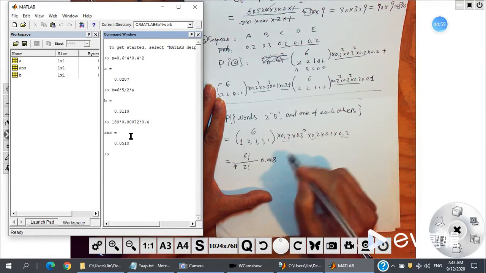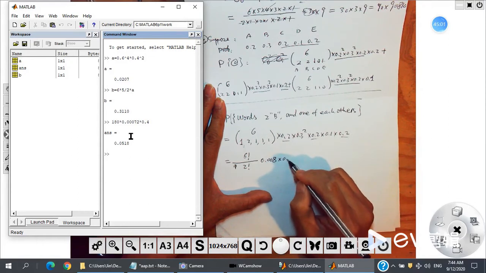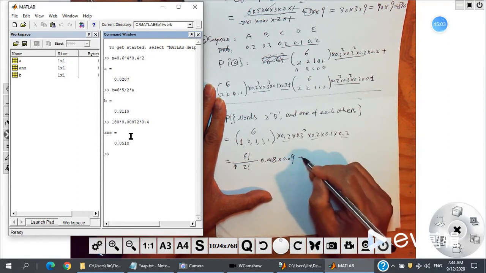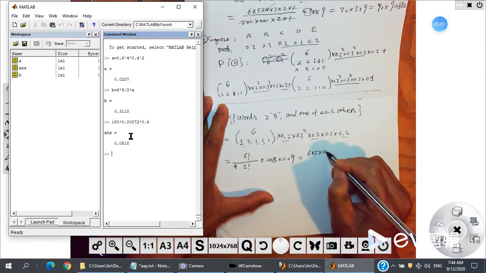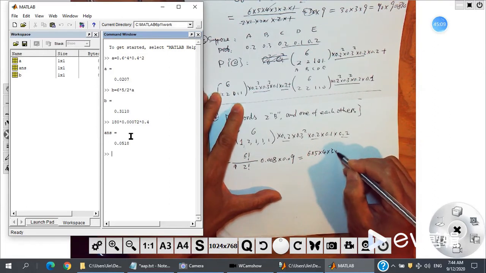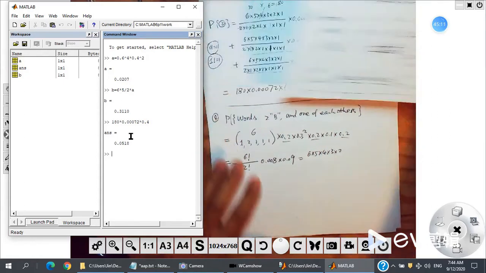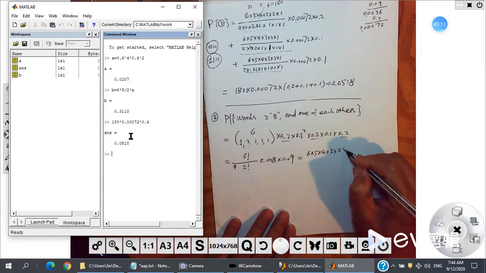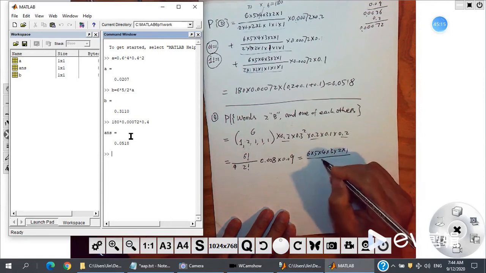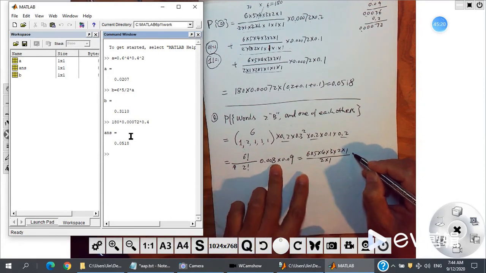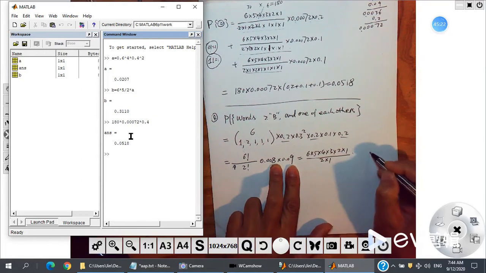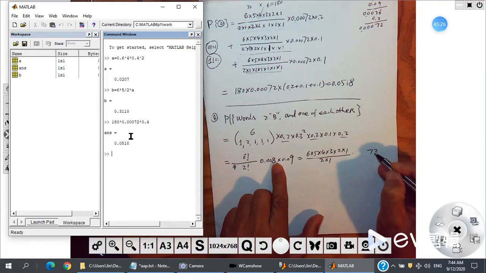And this one is 0.09. So this is 6 factorial. 6 times 5 times 4 times 3 times 2 times 1 over 2 times 1, and here's 8, 9 is 72, right? 72. And before that we need 3 zeros.